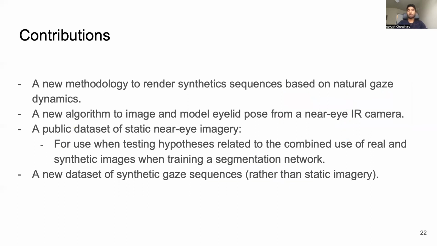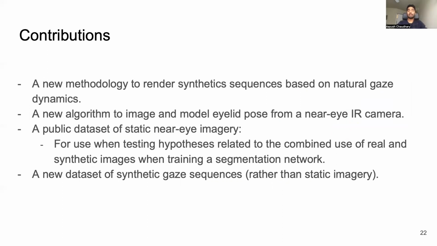Overall, our contribution is a pipeline that generates synthetic sequences of gaze data based on natural gaze dynamics, and a new algorithm to model the eyes from near-infrared eye images and use that information in the Blender pipeline.